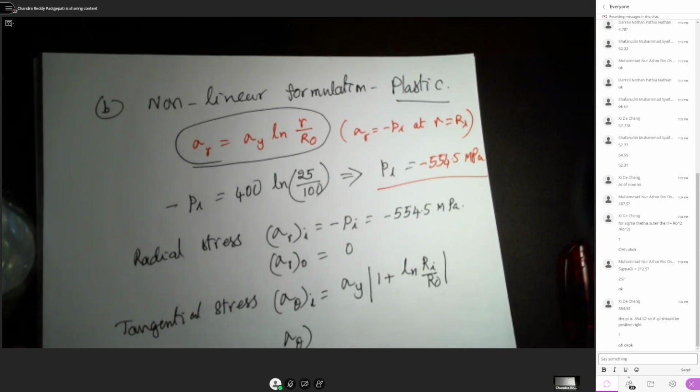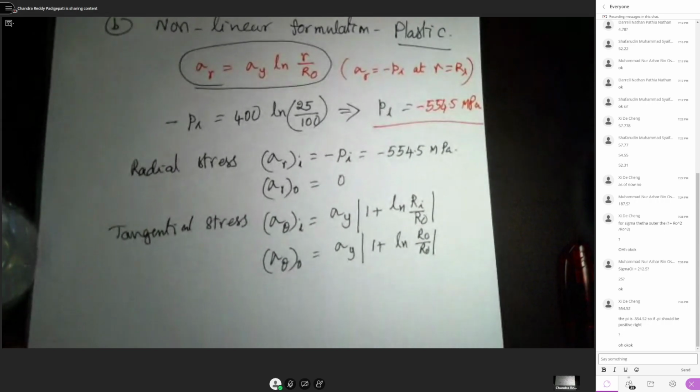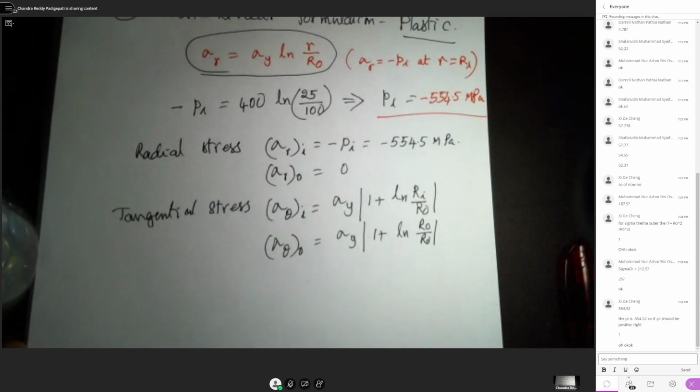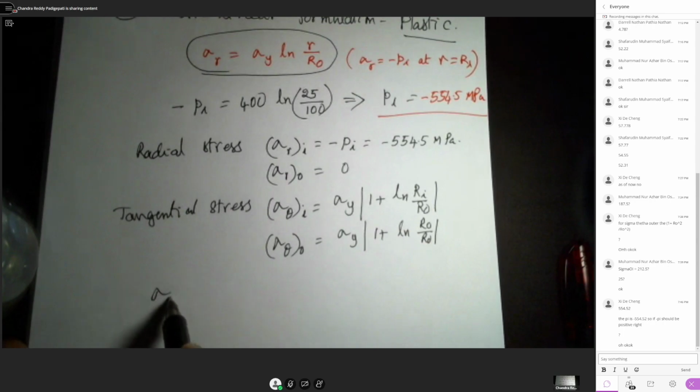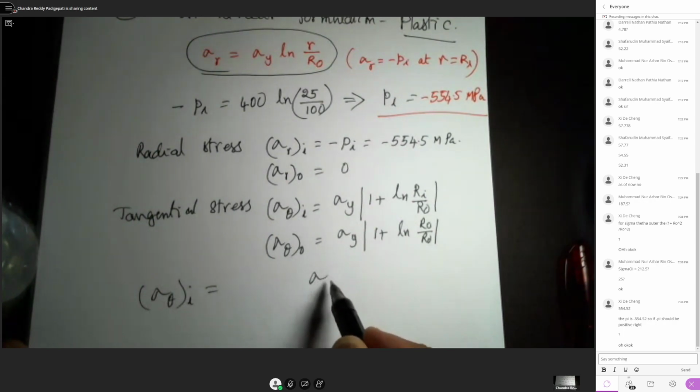Then sigma theta at the outer radius will be sigma y into 1 plus ln Ro over Ro. So you can calculate both the tangential stress at the inner radius and outer radius.